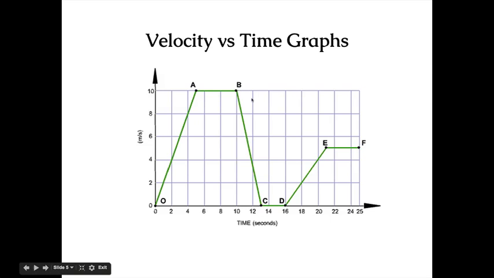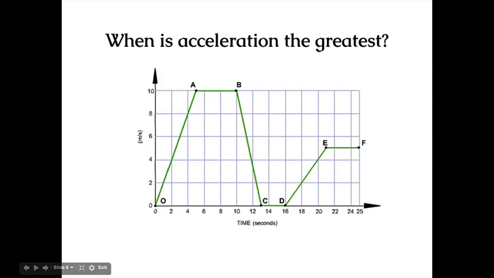So we could go through this graph and continue to analyze this type of motion. The question I have is, when is acceleration the greatest in this graph? I'm not asking about positive acceleration or negative acceleration, I'm just saying acceleration. So what you'll look for is where the line is the steepest. In this case, the line seems to be the steepest from point B to point C. We'll notice a change of 10 meters per second in only 3 seconds, albeit a negative one.